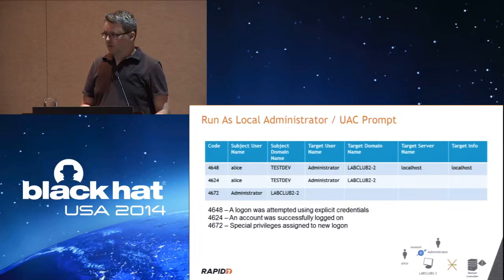Another thing to note if you're just parsing and processing these logs for the first time, the only way you can really distinguish an administrator domain account from an administrator local account is the fact that the target domain name is the name of that system that the local account is for. Otherwise, it should be part of the domain, like the test dev is shown in the other examples.